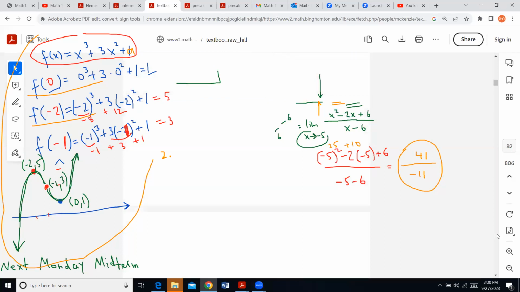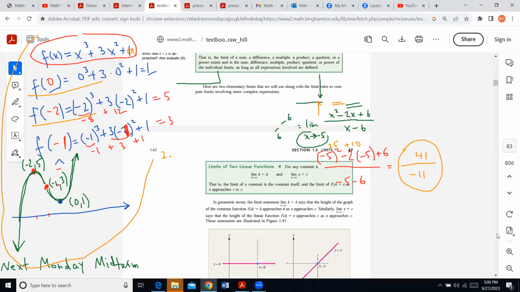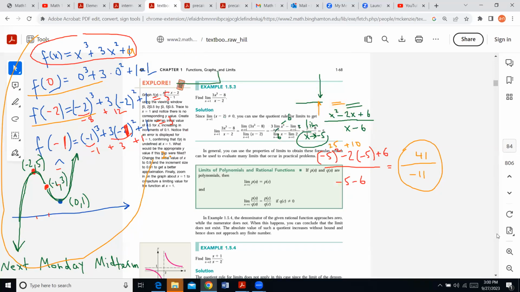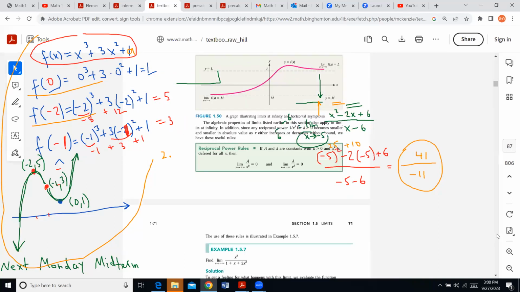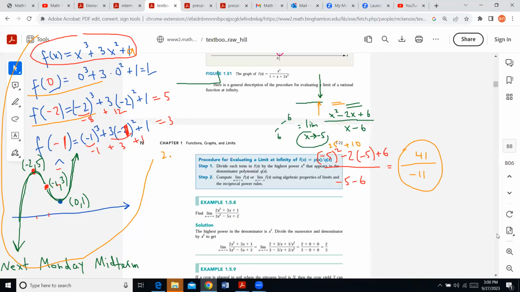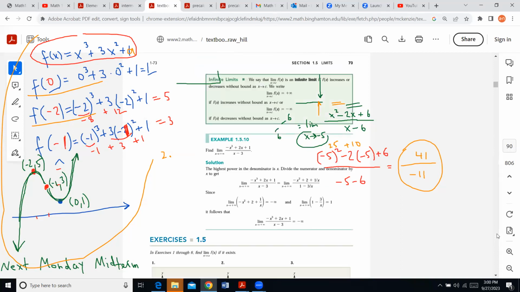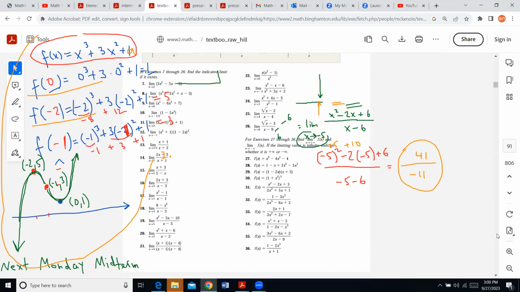Everything was nice when you just plug numbers in and produce the answer for the limit, but not that nice if you had an answer in indeterminate form. That's why I want to say a couple of words. Let's do problem number 17 here for you. So I'm going to make some room for that.